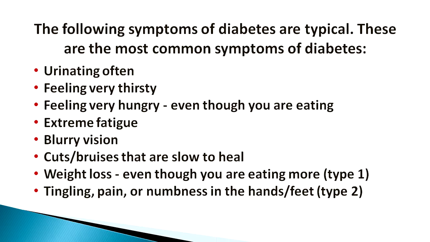But back to type 2, tingling, pain, or numbness in the hands or feet would also be another thing to watch out for, because that goes back to damage to tiny blood vessels in the fingertips and the toes, and that can also damage nerves. So it's that nerve damage causing what you might have heard of as neuropathy, and that can also be a sign of type 2 diabetes.